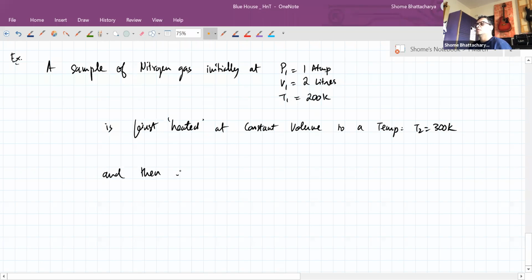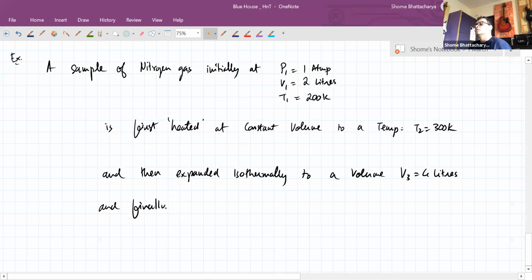And then expanded isothermally to a volume of 4 liters. And finally compressed back to its original, oh sorry, not 4 liters, to volume V3.